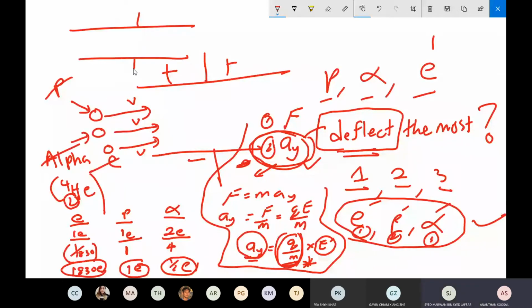They put nuclei that are accelerated. The first nucleus is hydrogen, 1,1. The second nucleus is helium, 4,2. Which one deflects the most? So how do you calculate?